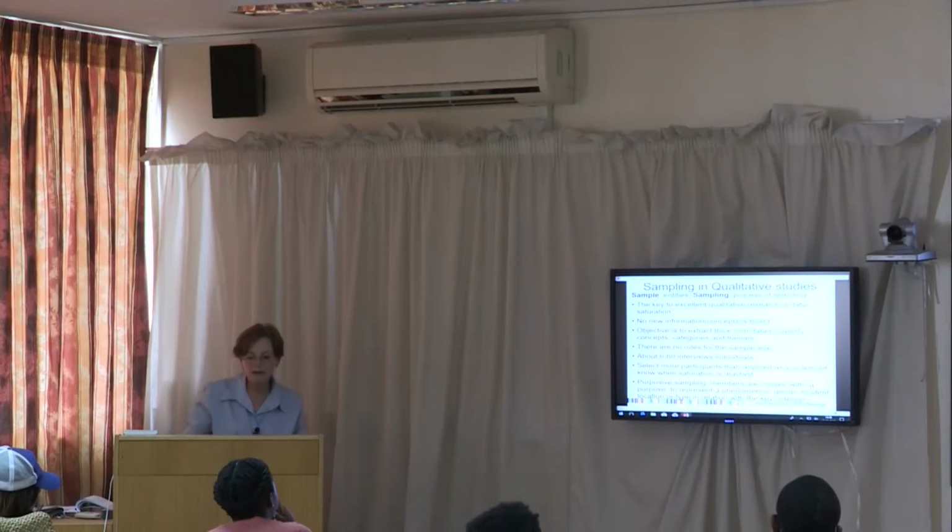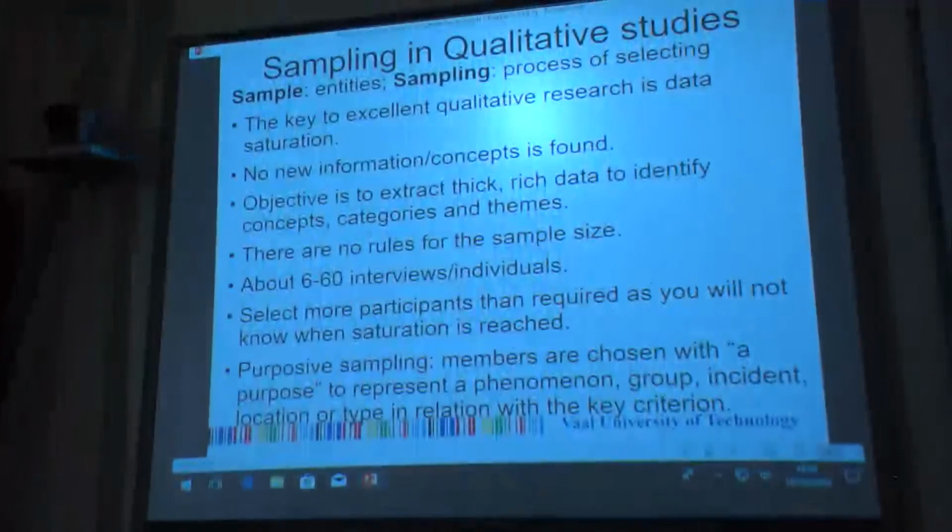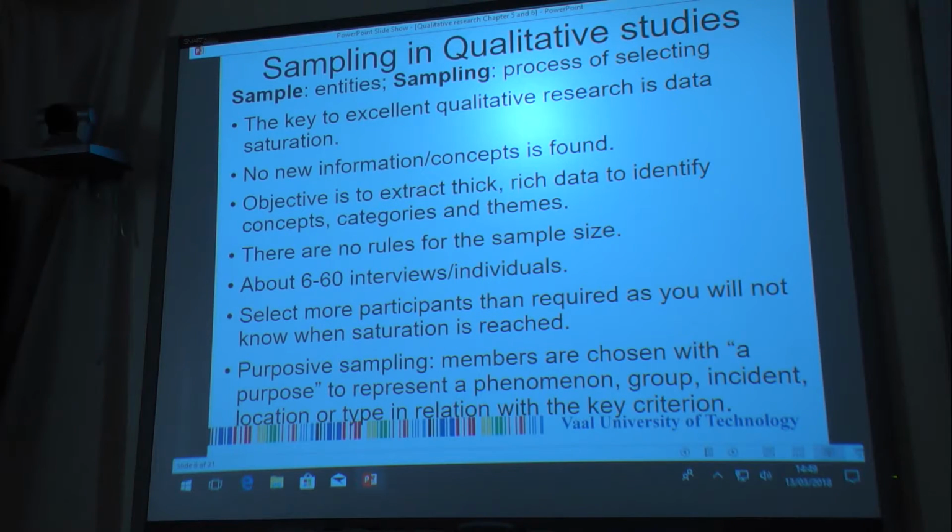So there it stands. No new information or concepts is found. Then you can stop interviewing people, stop collecting documents about an issue. What is the objective of this sampling? It is to extract thick, rich data to identify concepts, categories, and themes.